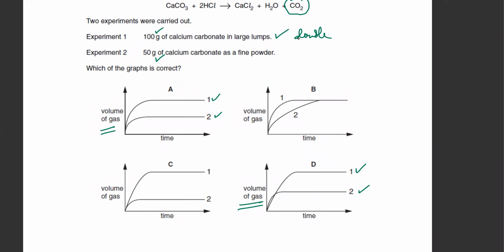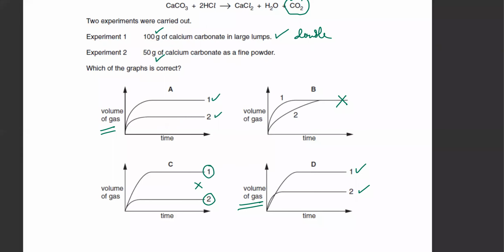C would be wrong, because in it carbon dioxide is being produced 3 times in experiment 1. That would be wrong. It should be double. So it's either going to be A or D. B is wrong because the same amount of carbon dioxide is produced in both. So remember, it's going to be A and D but not C.